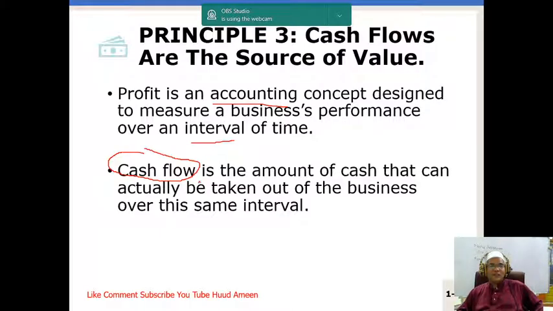So if you want higher cash flow, a high profit is also expected. Cash flow is the source of value.